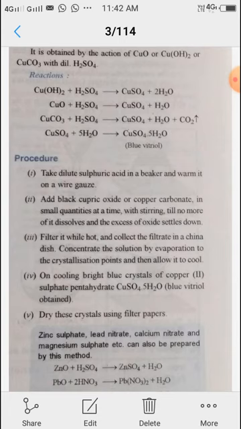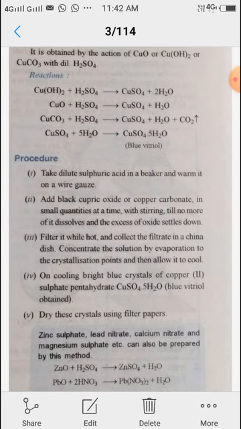Just as you prepare copper sulphate here, you can also prepare zinc sulphate, lead nitrate, calcium nitrate and magnesium sulphate by treating different oxides and carbonates with H2SO4, or in some cases, such as lead oxide, when treated with nitric acid it forms lead nitrate and water.